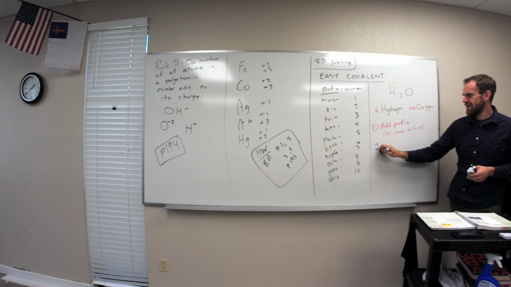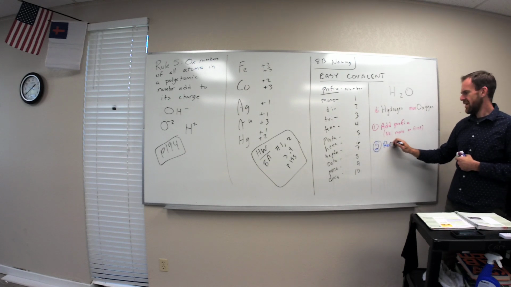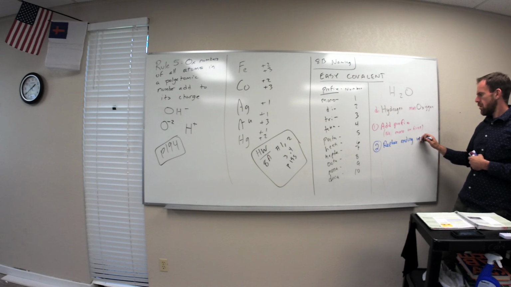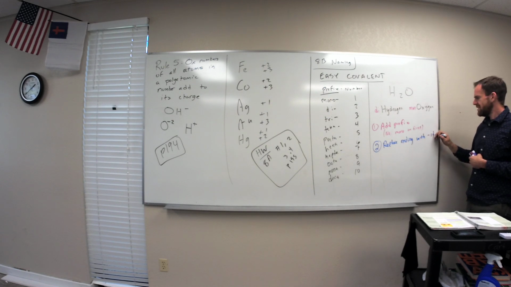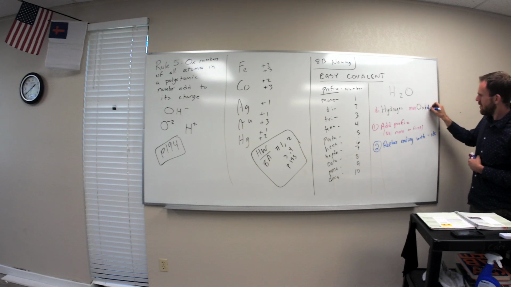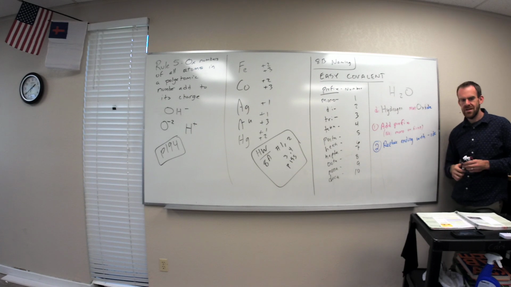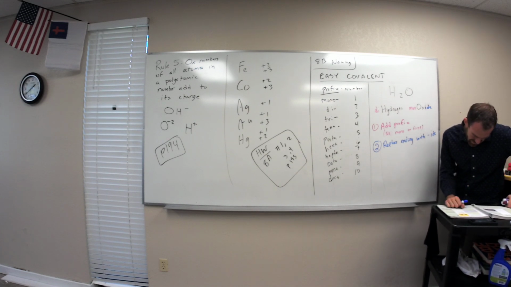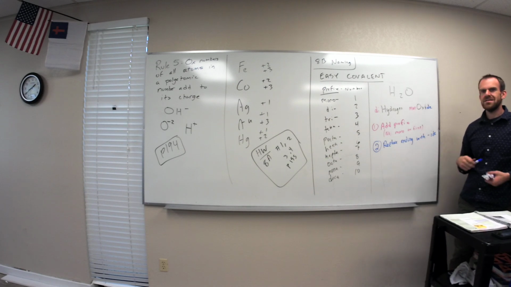The second thing is you replace the ending with IDE. So oxide. So water is dihydrogen monoxide. Do you always replace the ending with IDE? Yes, that's why it's step 2.